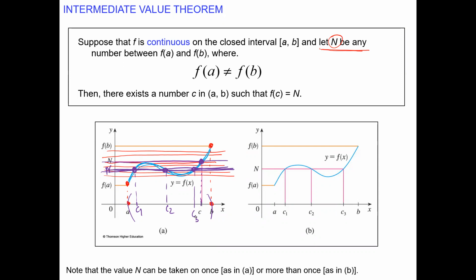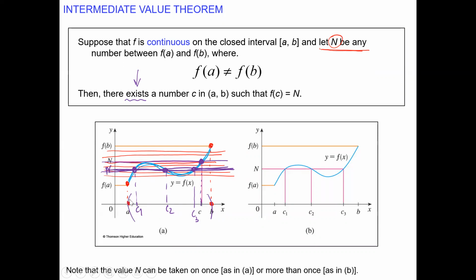Most of the time, it's really helpful to use this theorem to prove that certain numbers exist. We will apply that theorem in a minute to a specific situation, but we can see we're proving that the number exists. Most likely, we will not be able to find exactly what c sub 1, c sub 2, c sub 3 are.